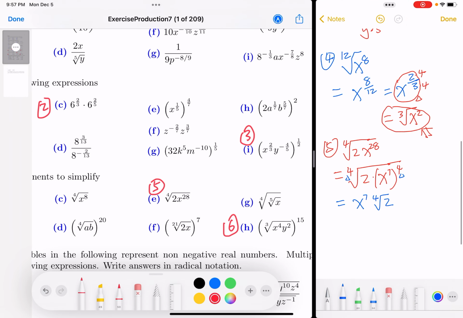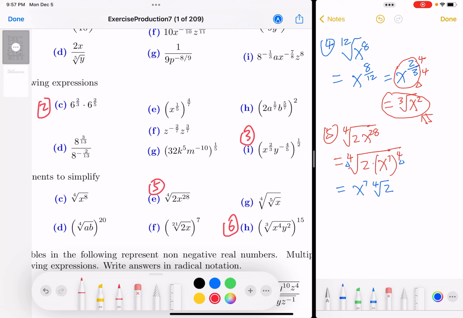All right. Now, let's look at question 6. Question 6, you have a cube root of x to the 4th and then y squared, and then to the 15th. Remember, that's actually x to the 4th times y squared.